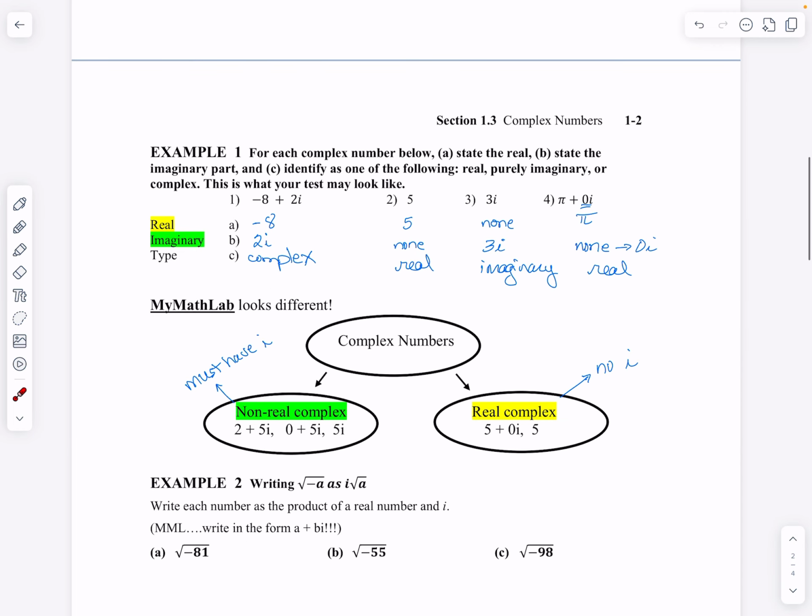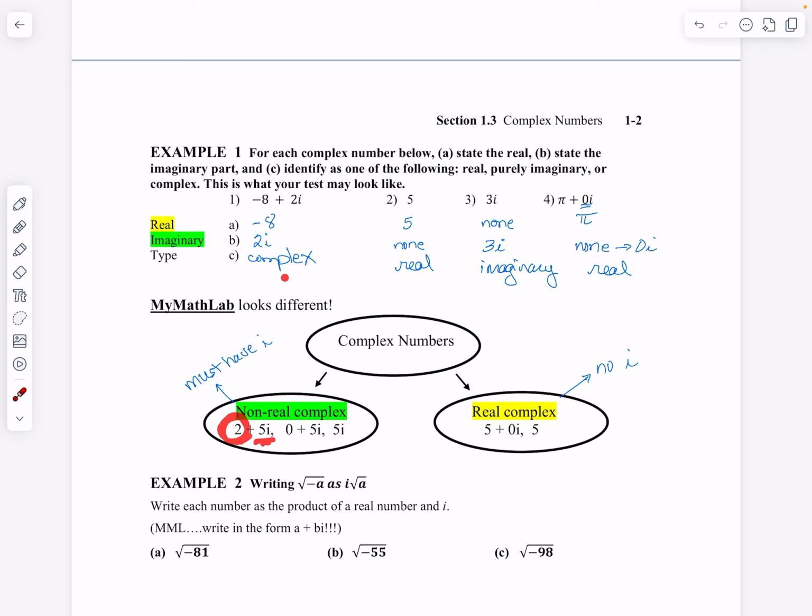But if you want to use what my lab does, you can use that as well on my test. I don't really care. But they classify complex numbers as non-real complex. So that's the ones that have to have an i in them, so I call those imaginary. But notice their non-real complex could also have a regular number and an i.